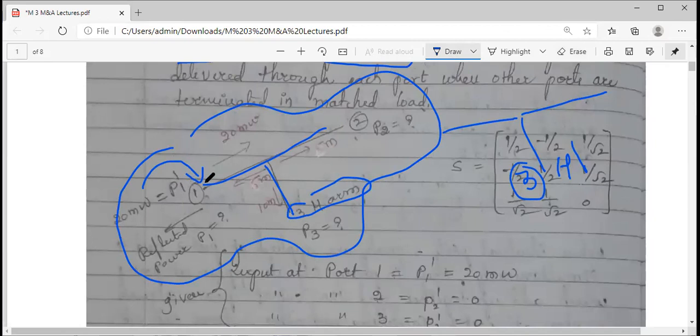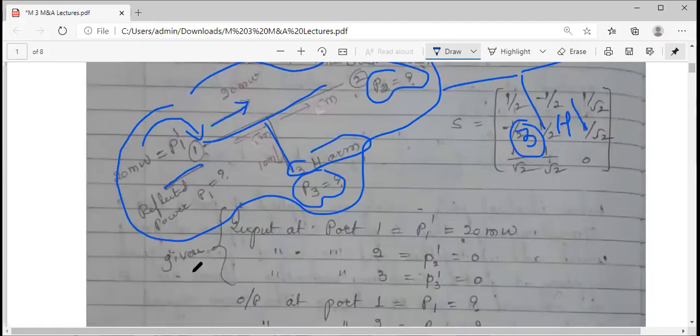So if a 20 milliwatt signal enters here, what do we need to calculate? The power delivered through each port. What will be the reflection amount here? Then the power delivered to port 2, and what is the power delivered to port 3? We need to calculate these.